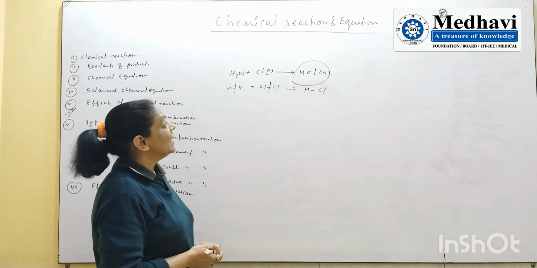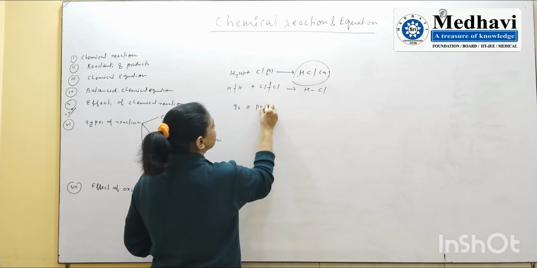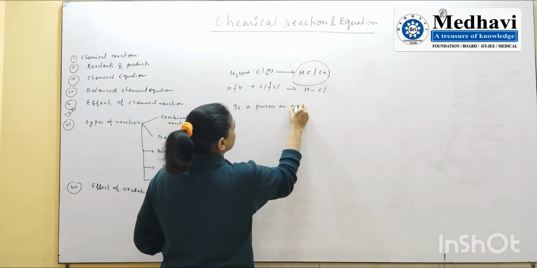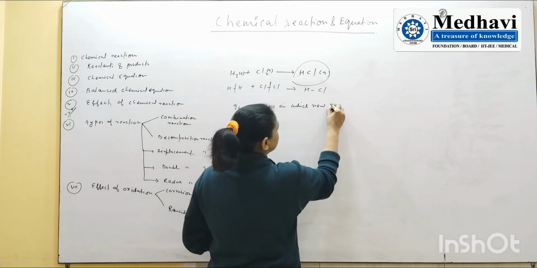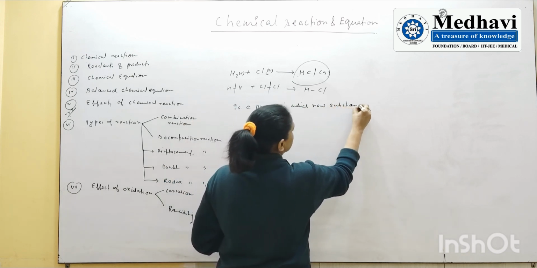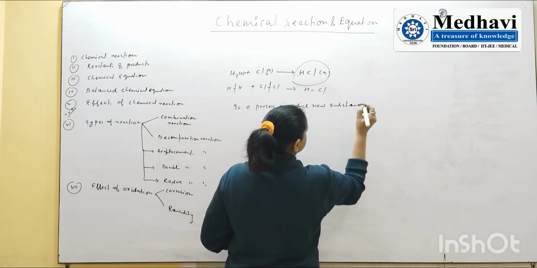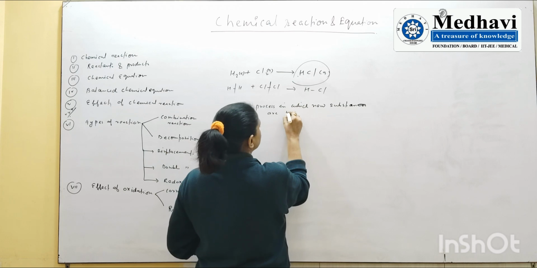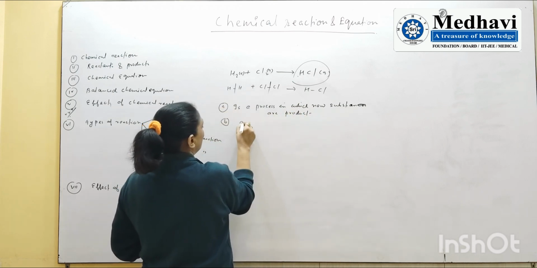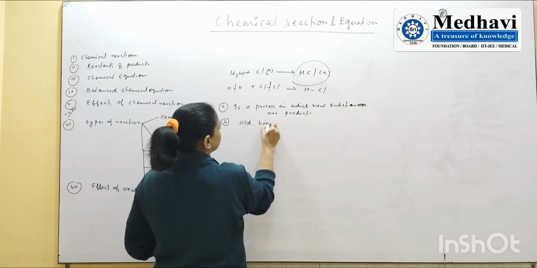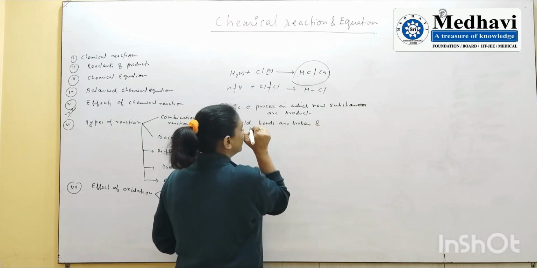So you can say a chemical reaction is a process in which new products are formed, new substances are produced. First point. Second point, old bonds are broken and new bonds are produced.